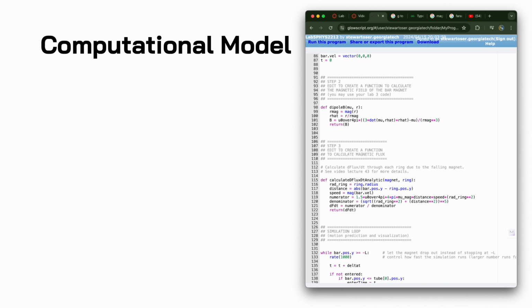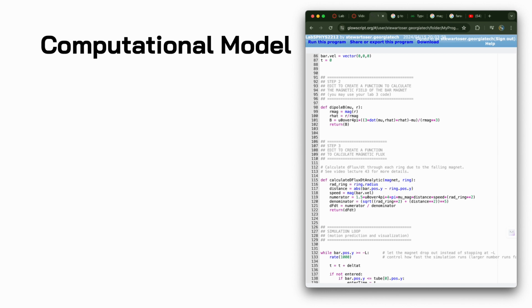And then d flux dt analytic calculates d flux over dt. We have the radius of the ring. The distance is the absolute value of the distance between the bar and the ring. The speed is the magnitude of the bar's velocity.